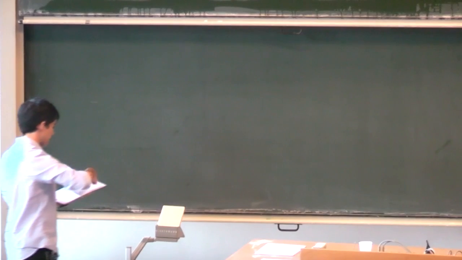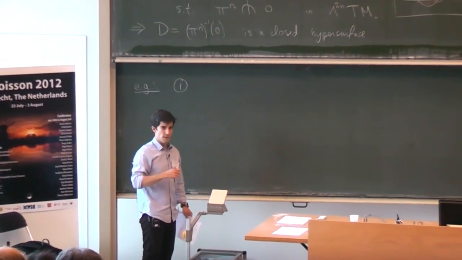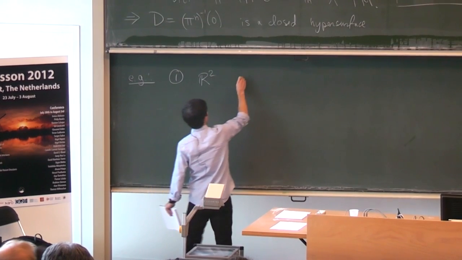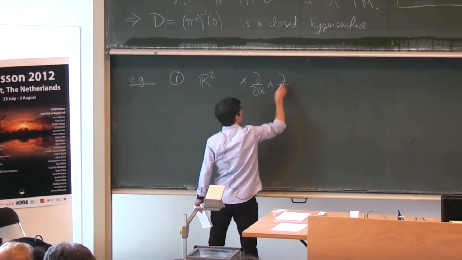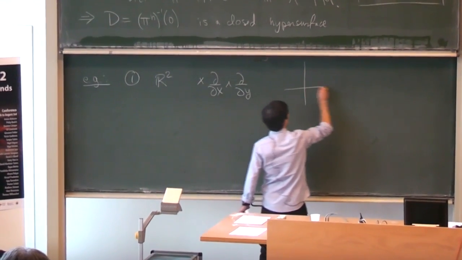And so let me give you some examples. First of all, the model example, the example that you should always have in mind. On R2, okay, this is a log symplectic form.